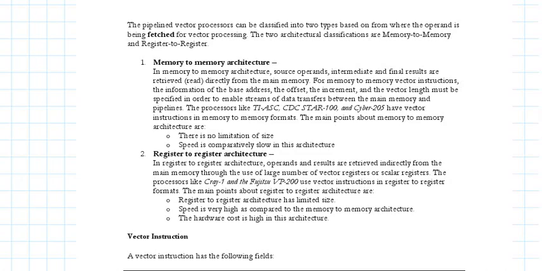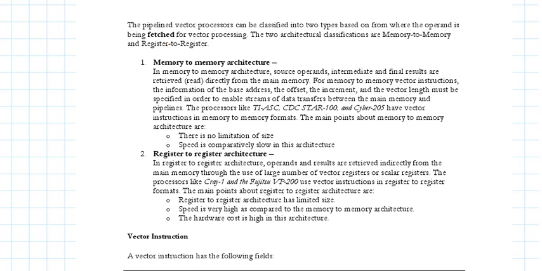And depending on this, vector processors can be classified into two types based on from where the operand is being fetched for vector processing.